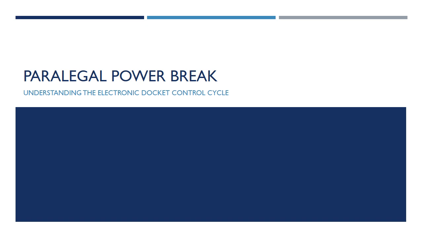There are typically only 3 steps involved in this particular type of docket control cycle, starting with the inputting of the information into the case management system, the running of reports, and then the task being marked as completed or done.